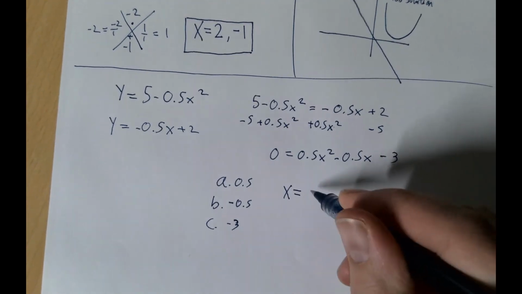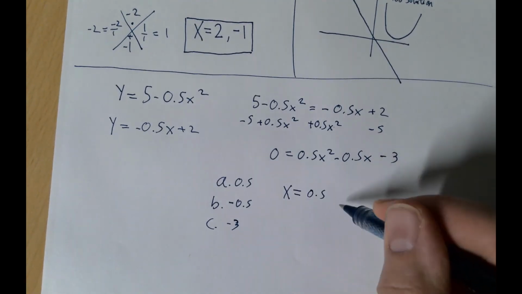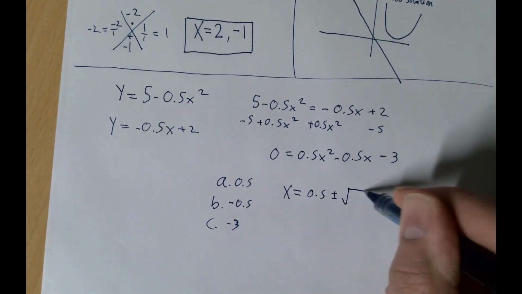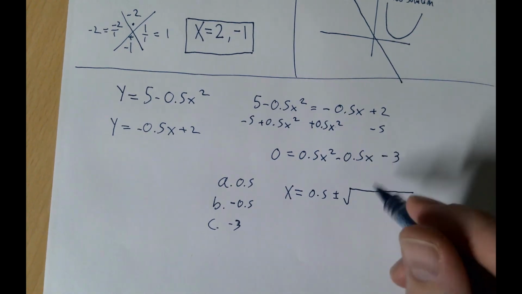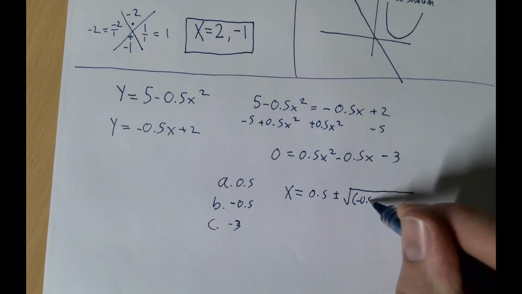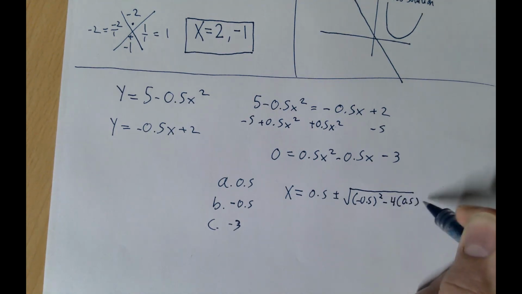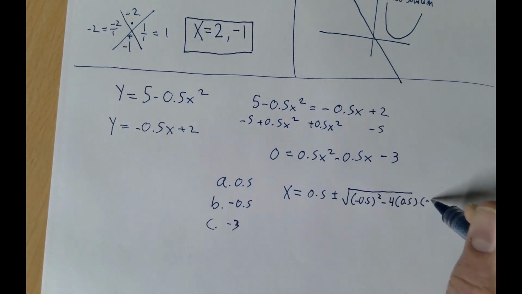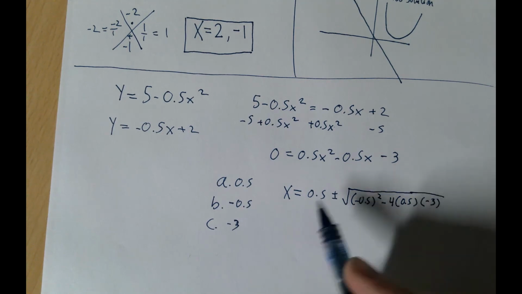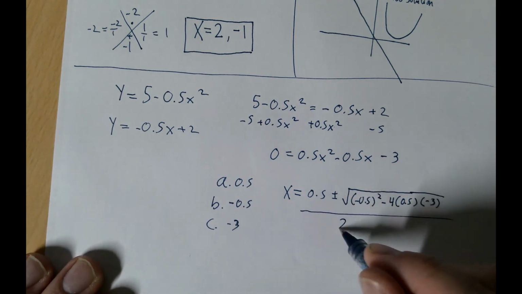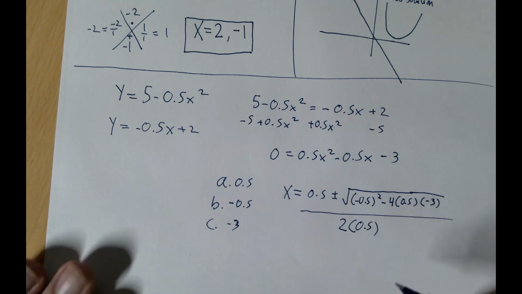x equals the opposite of b, so 0.5, plus or minus the square root of b squared, so -0.5 squared, minus 4 times a, which is 0.5, times c, which is -3, all over 2 times a, which is 0.5.